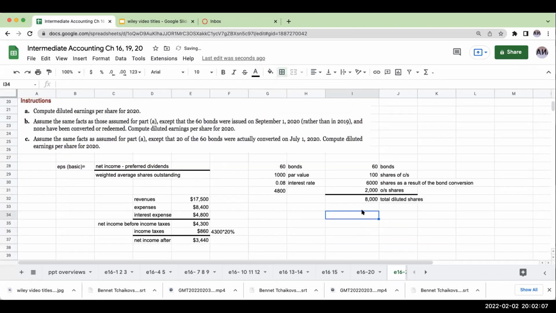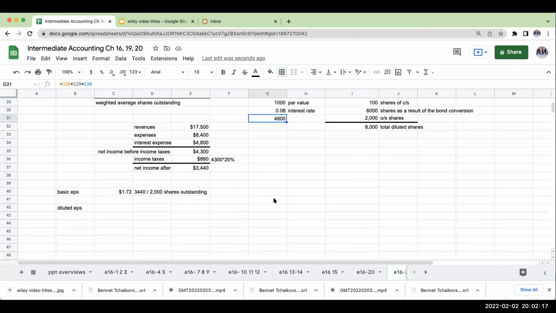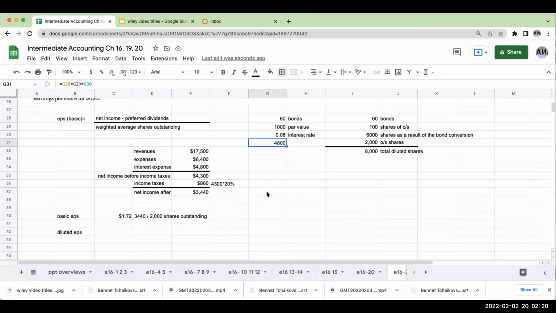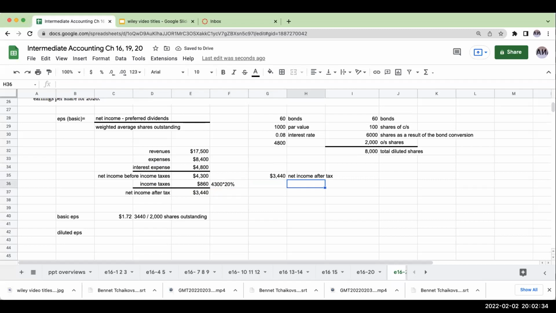Okay, but now the question becomes, if these bonds converted, would I have had to pay interest? And the answer to that question is no. So I'm going to add back my interest. I'm going to have net income after tax of $3,440.